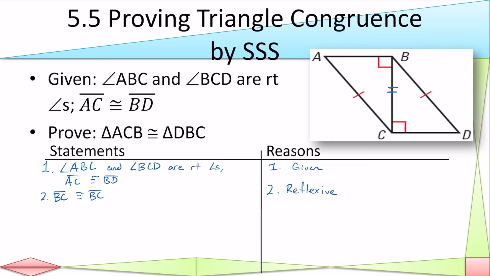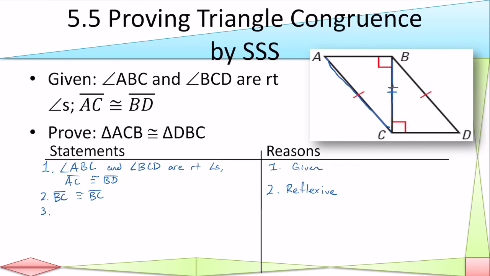All right, so what could we use? Well, if these were right triangles, we'd have hypotenuse and a leg. We have the right angles, but we haven't said anything about right triangles.